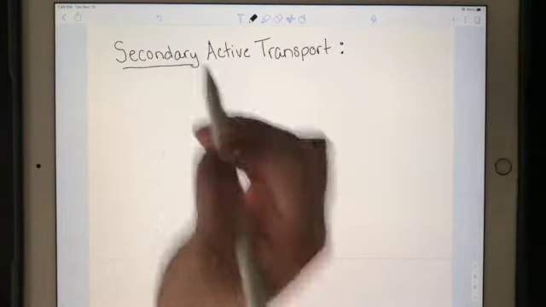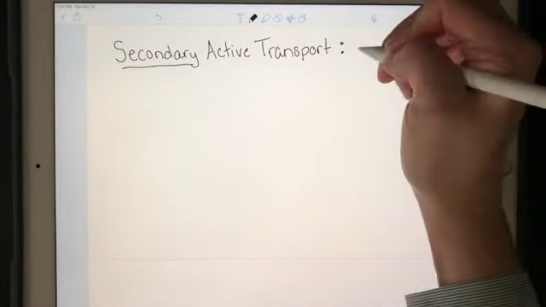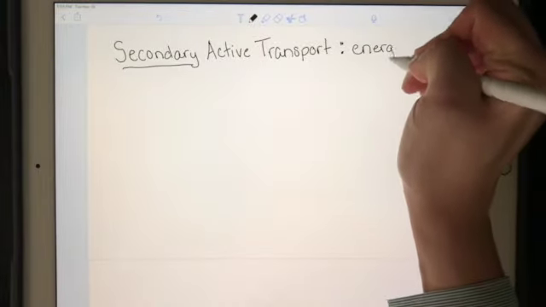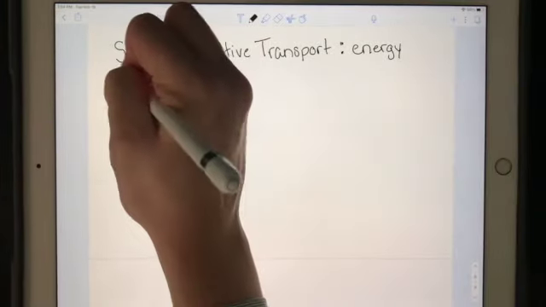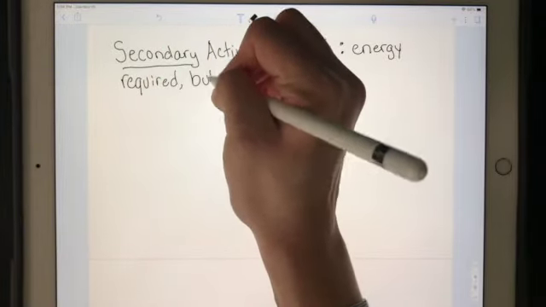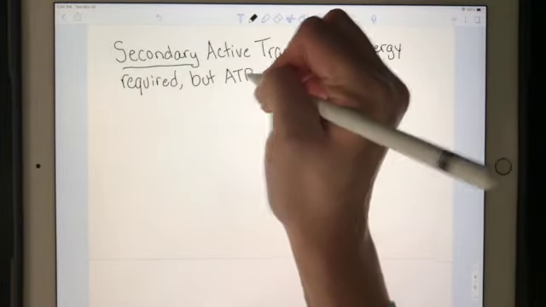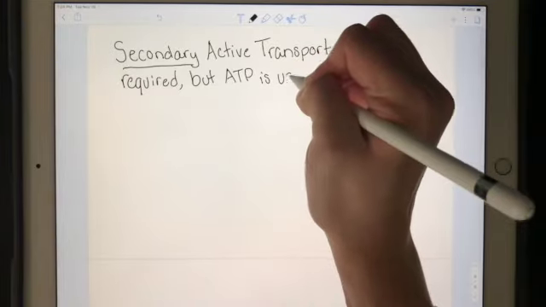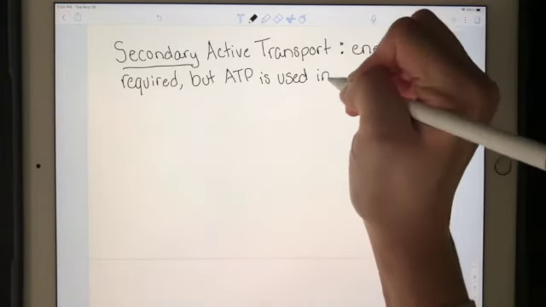With secondary active transport, we still require energy, but that energy in the form of ATP is used indirectly.